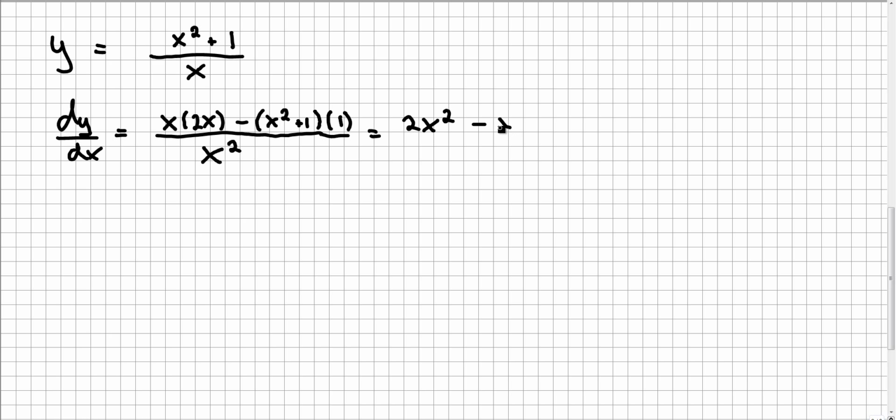So I'm going to write minus x squared minus 1. Everything over x squared. Let's simplify it up here. 2x squared minus x squared is going to be just x squared minus 1. Down here we still have x squared. So this is the answer, the derivative of this function y.